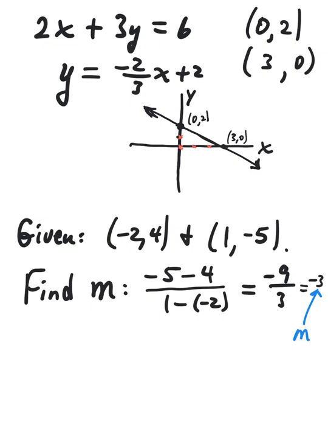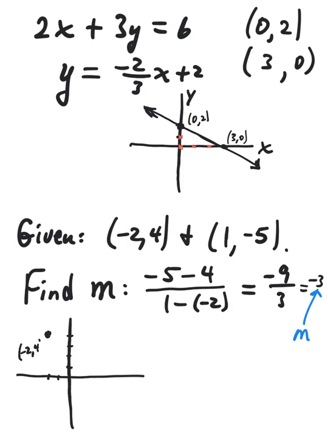Let's look at graphing and finding slope that way. And that way you've got options. Sometimes you learn better visually. Sometimes it's better just to use a brute force formula. If we graph the points negative 2, 4 and 1, negative 5, negative 2, 4, that's going to be left 2, up 4, right here.